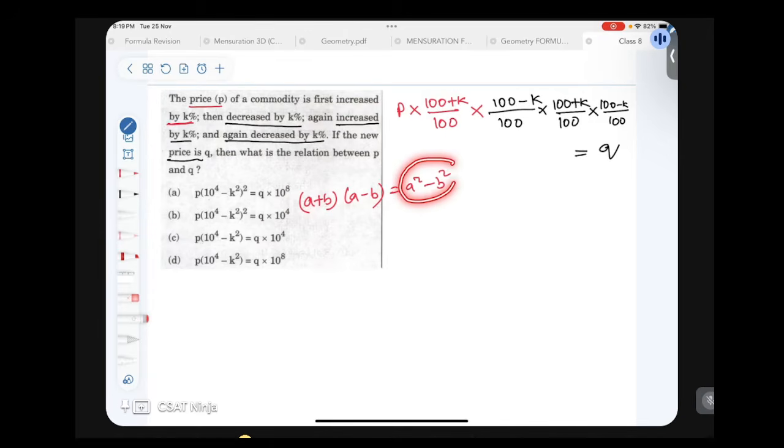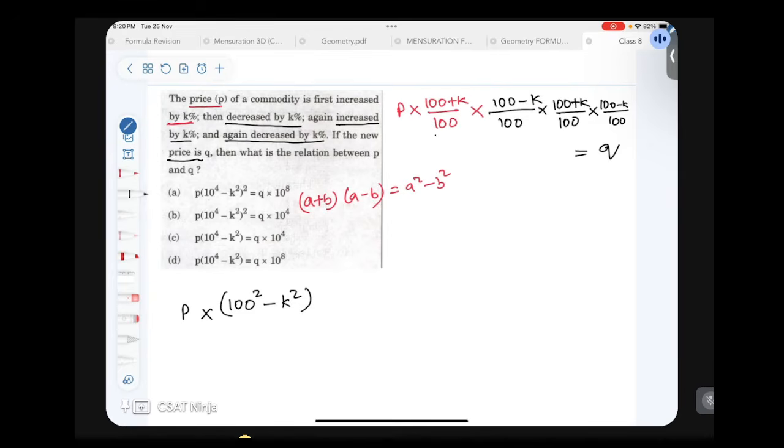Or if you have A square minus B square, you get A plus B, A minus B. If you look carefully in this question, the first term is the same, the second term is the same, just the sign is different. So this is A plus B and this is A minus B. So A plus B, A minus B is A square minus B square.